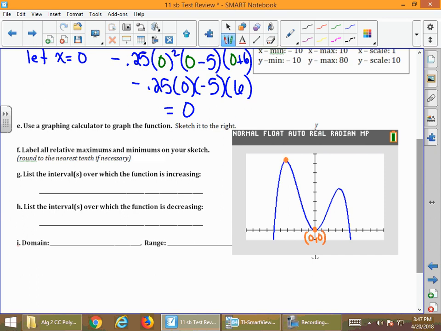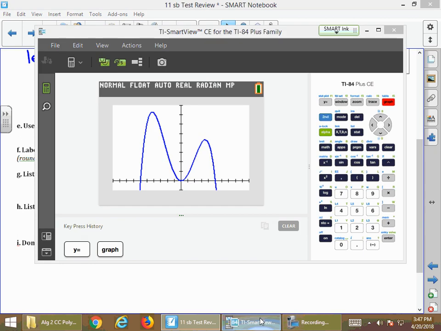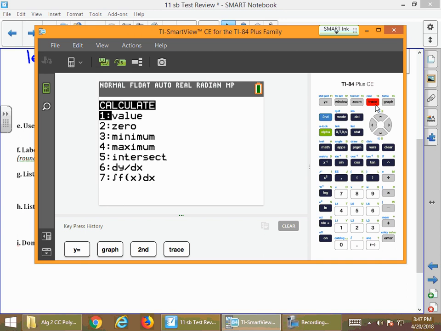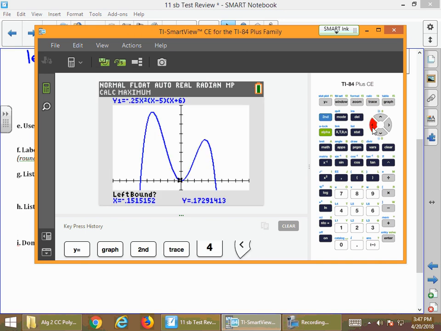But the other values that we need to figure out are here, and that's where I'll start. So we go back to our picture, and we're going to press second and trace, and it's a maximum value. And we're going to scroll somewhere about here, and enter.